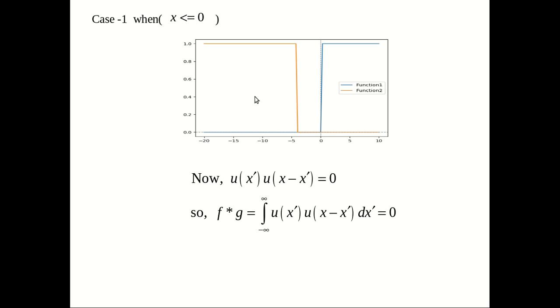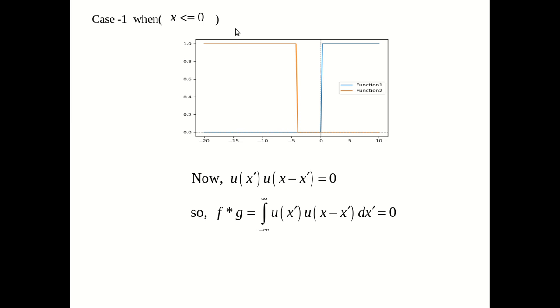Now it is clear that when x' is less than x, the product of u(x minus x') and u(x') is 0, because this is 0 value and this graph assumes 1 value, so the product of these two functions in this region is 0.